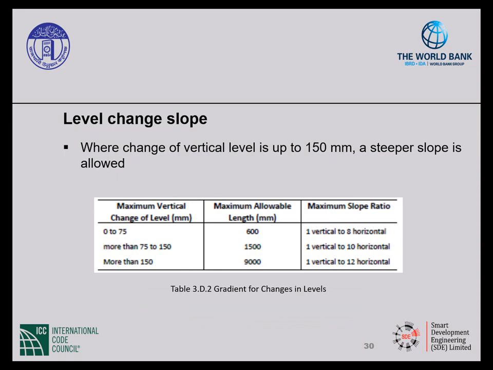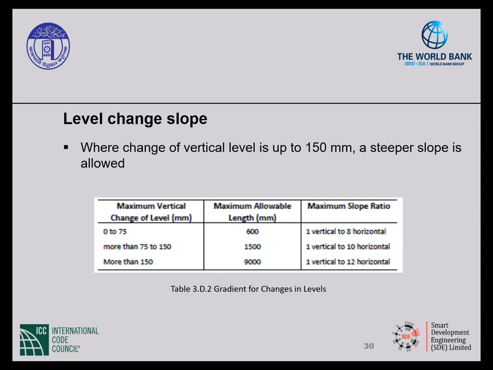Change in level. Any change in level in an accessible route shall generally have a gradient of at least 1 unit vertical to 12 units horizontal towards the direction of travel. Where the change of vertical level is up to 150 millimeters, a steeper slope is allowed. So from 0 to 75 millimeters of vertical change and up to 600 millimeters in length, a slope can be increased to 1 unit vertical in 8 units horizontal.